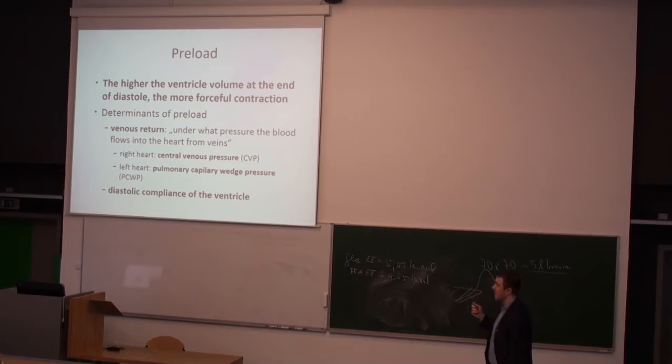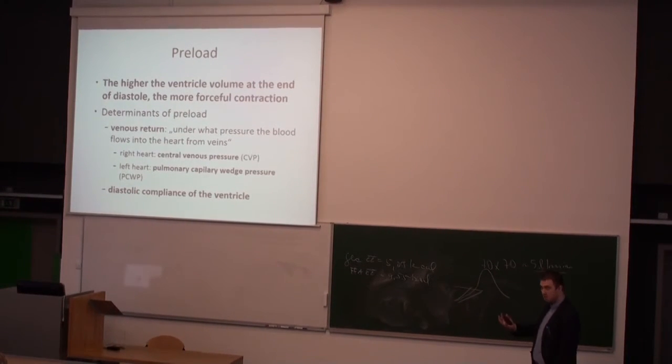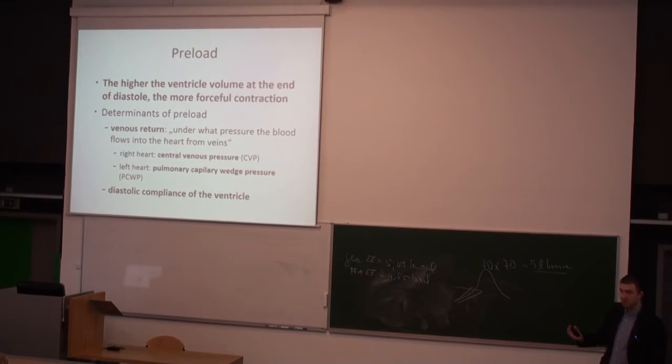The preload can therefore be defined by the end-diastolic volume, by the length of the myofibril, but it doesn't matter. If you explain it in this way, and you use your definition or the definition from the book, but you explain what the relationship is, okay.